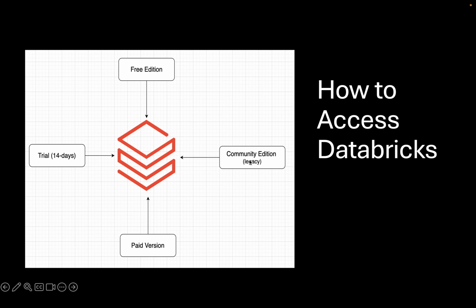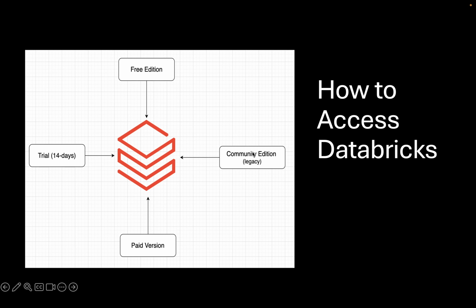As of today, this is July 2025, Databricks still gives you the option to log in through the legacy edition, but at their last yearly conference, Databricks released this Free Edition. The UI of the Free Edition is very similar to how the enterprise version of Databricks looks as of July 2025. So this Free Edition is the new UI version.